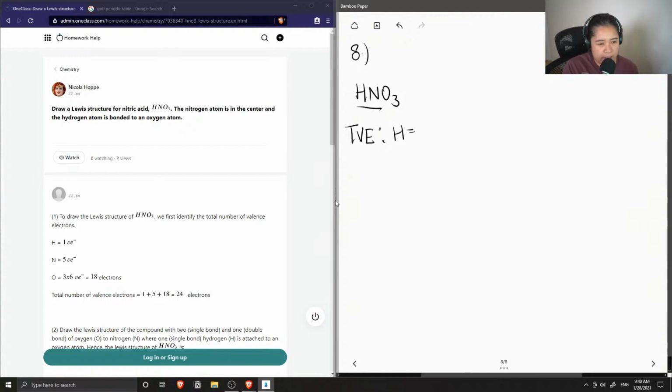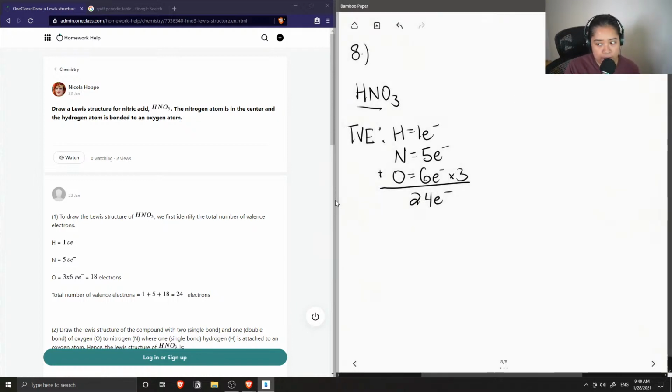So hydrogen contains 1 valence electron, nitrogen has 5, oxygen has 6, and we have 3 oxygen atoms, so we multiply this by 3. And when we add the values all up, we end up getting 24 valence electrons.